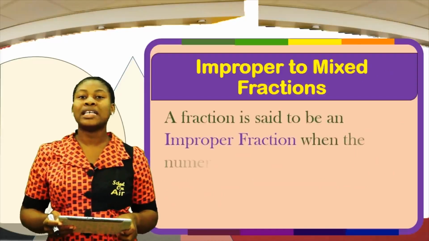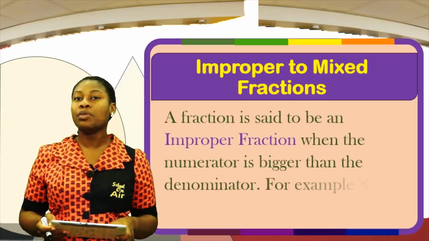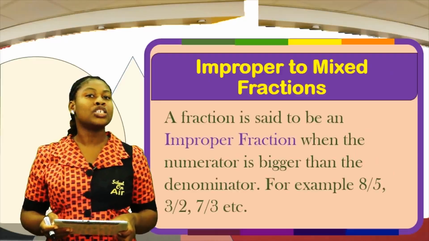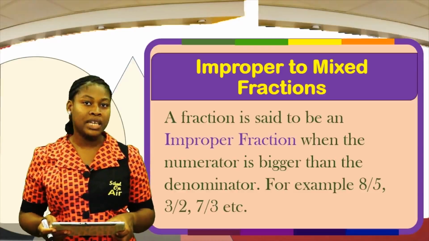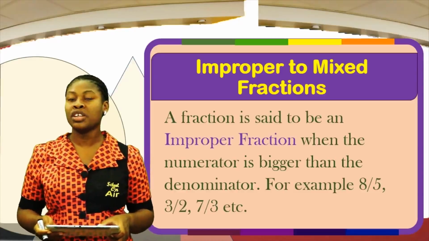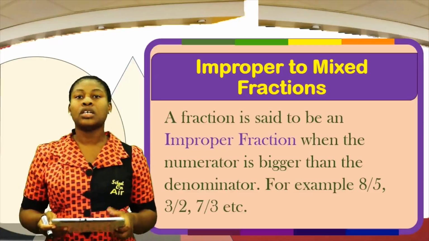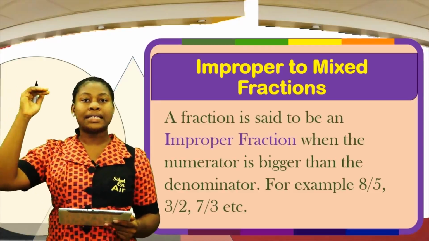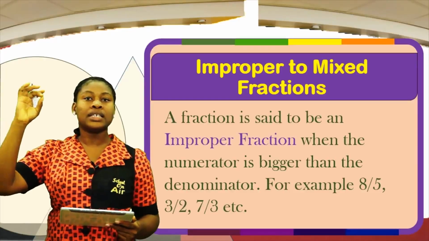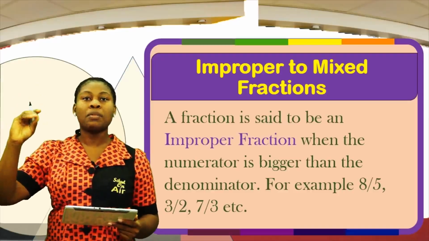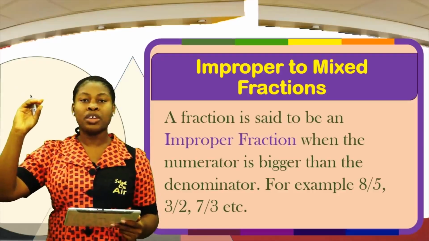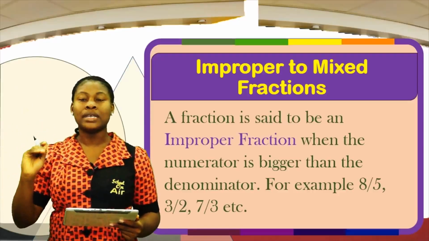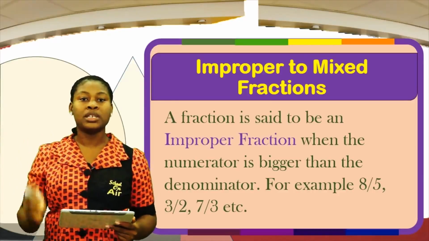Now, a fraction is said to be an improper fraction when the numerator is bigger than the denominator. Now, what is a numerator? What is a denominator? The number up in a fraction is said to be the numerator, while the number down is said to be the denominator.